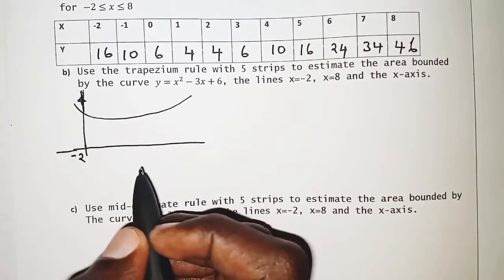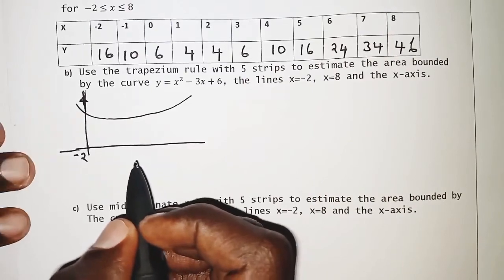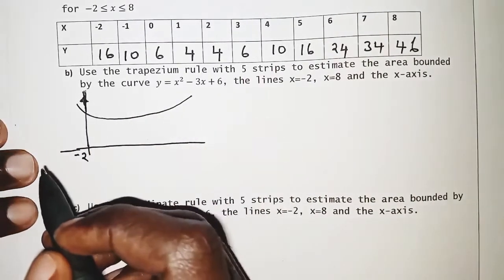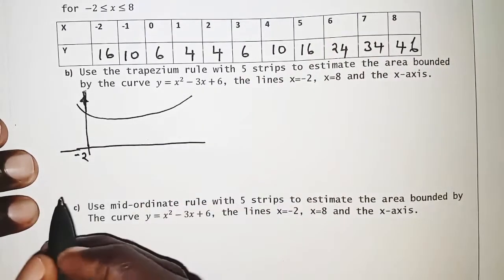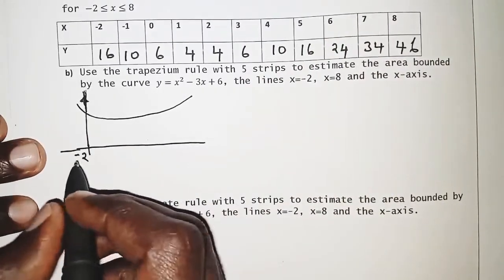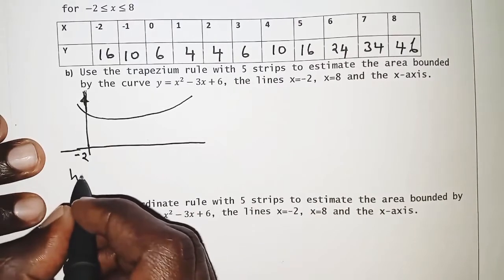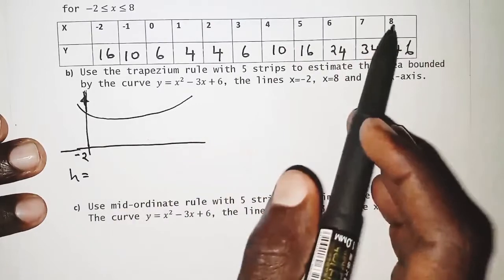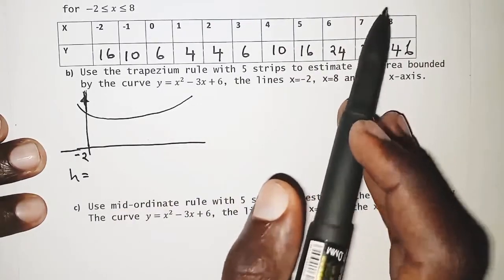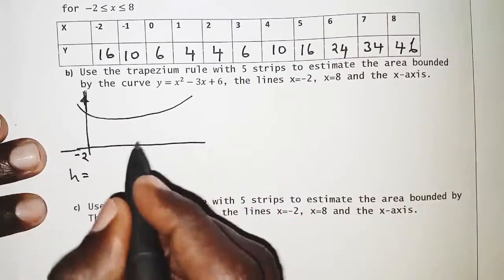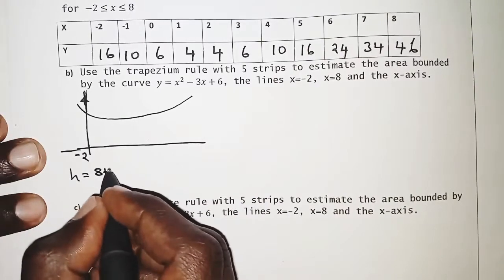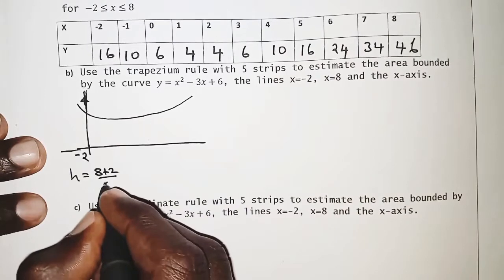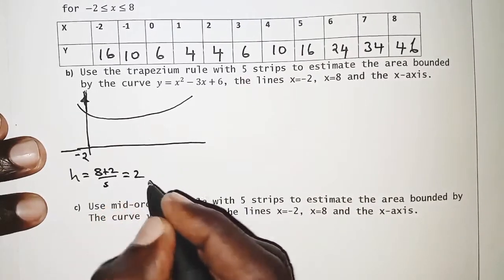But before we do that, we need to know the width, or the height, of each trapezium. So h is equal to the extreme values, 8 minus -2, which is just 8 plus 2, and then you divide by the number of strips, which is 5, and that should give us 2.